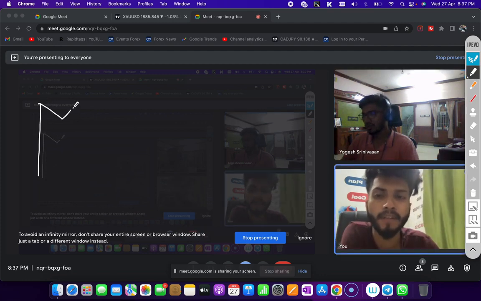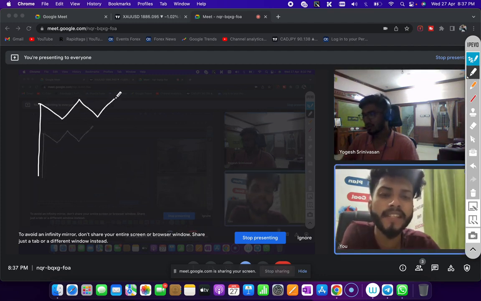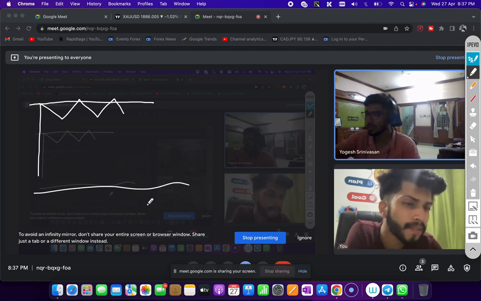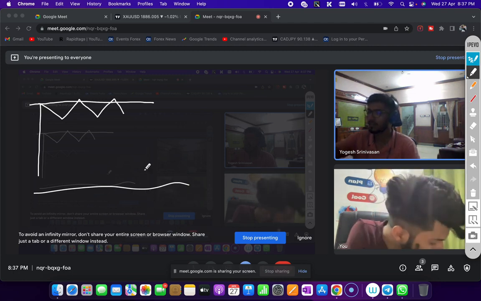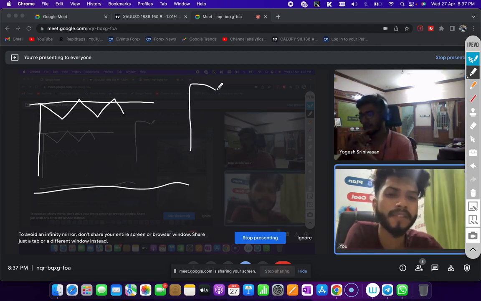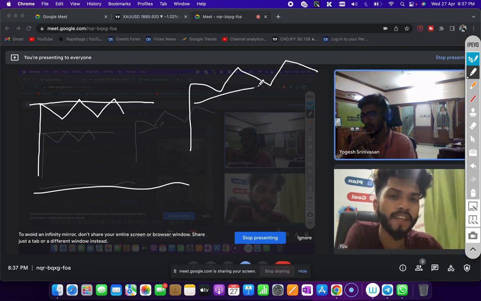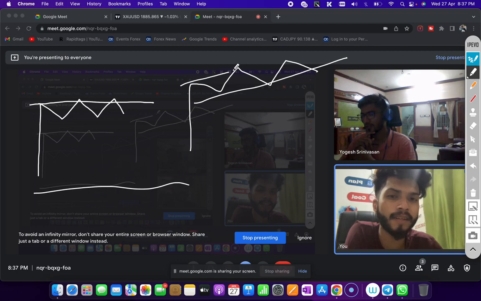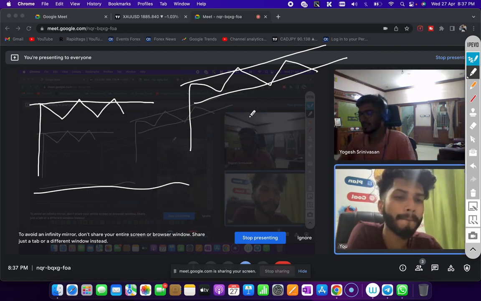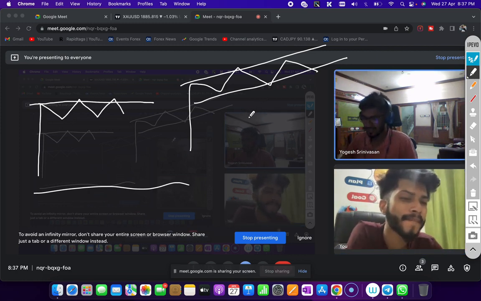If it is a triple top, it is indicating that price is at the same level again. But sometimes in a triple top, the mid neck level looks a bit higher. Let's say this is a triple top. If this looks like a triple top to you, which is not technically a triple top, it is a flag and pole. No, I'm just telling you something like this.